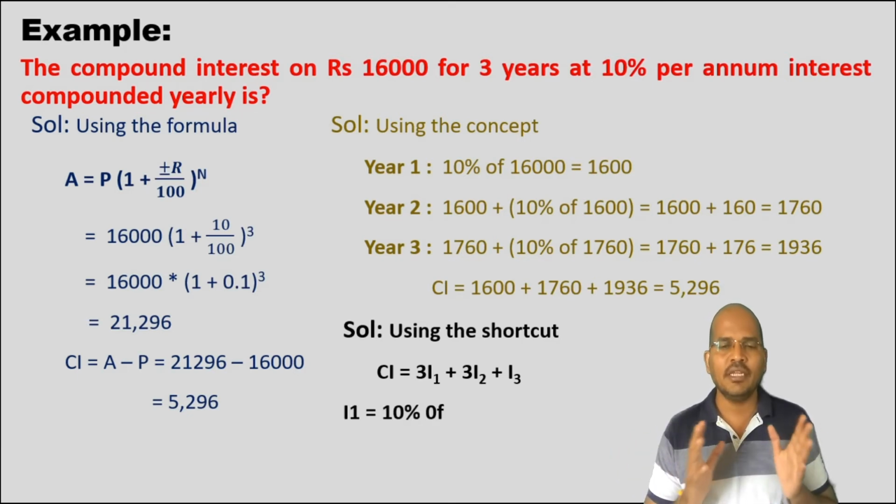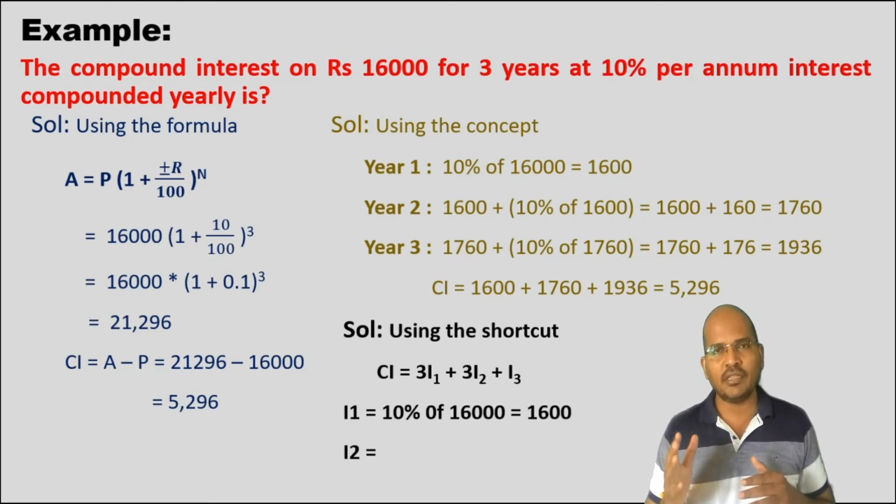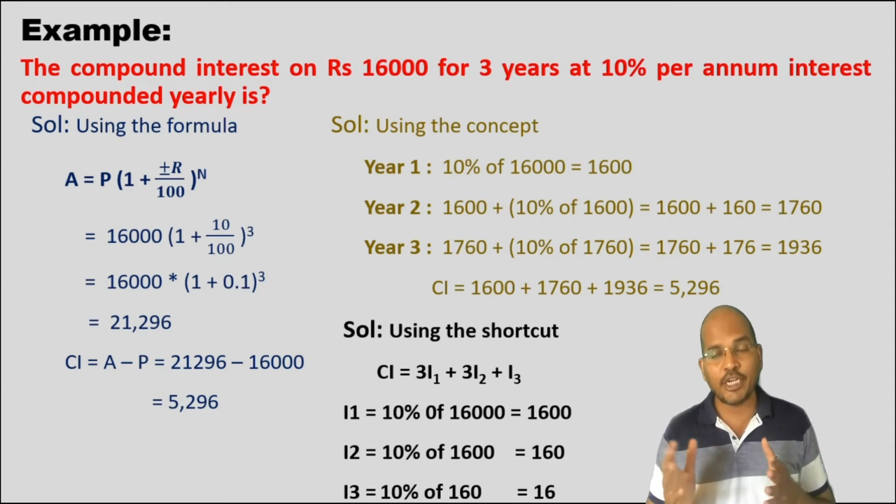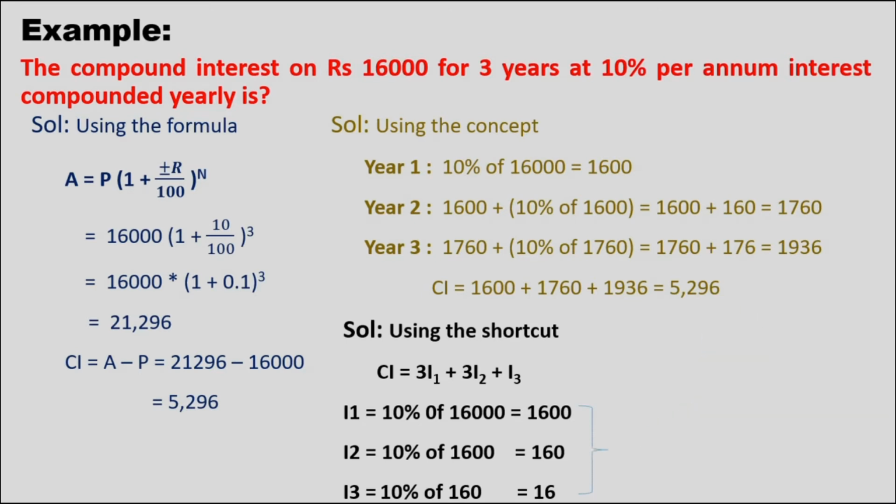The formula says 3I1 plus 3I2 plus I3. Now what is I1? I1 would be 10% of 16,000, which is 1600. Yes or no? Now I2 would be 10% of 1600 and I3 would be 10% of 160. Now you have I1, I2 and I3. Plug the values into the formula to get the answer as 5296.